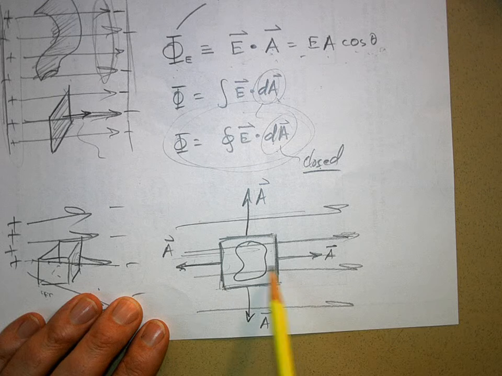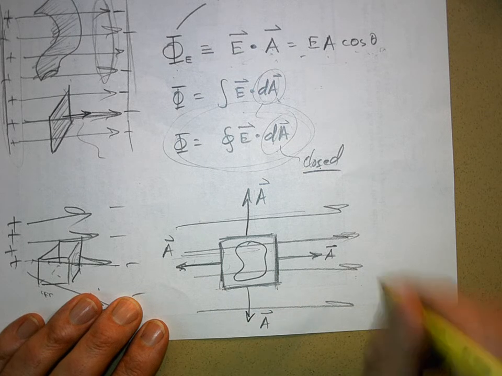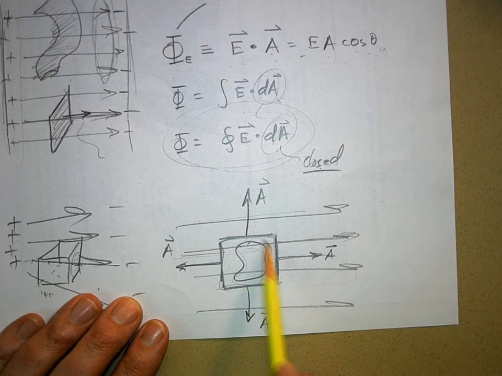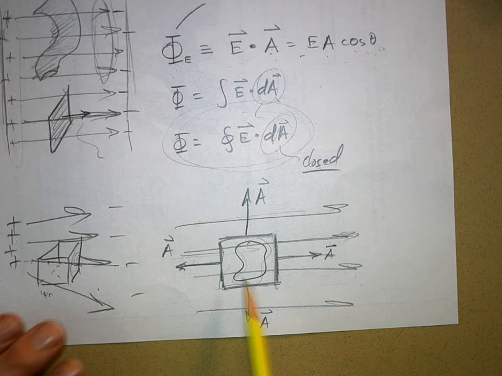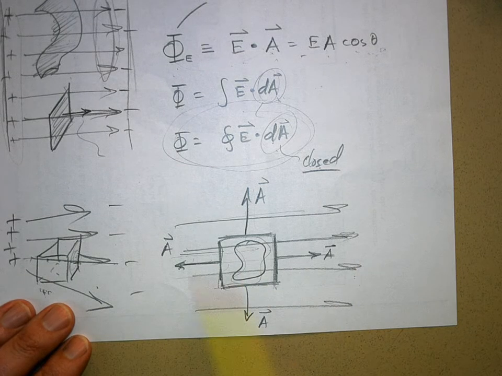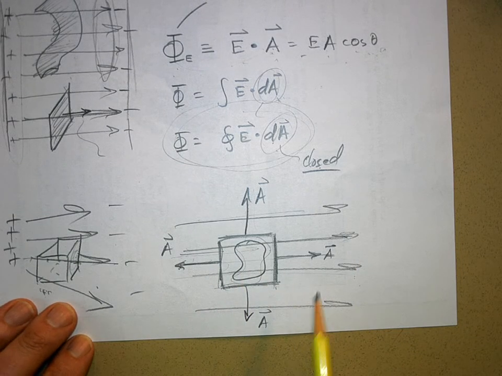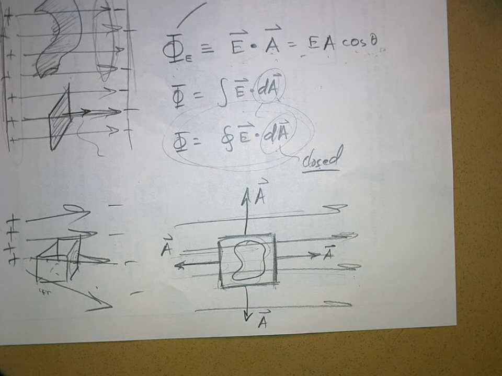So if there is no charge inside this enclosed surface, the net flux is 0. There might be lines of flux going out there in the space, but there's 0 net flux through that surface.